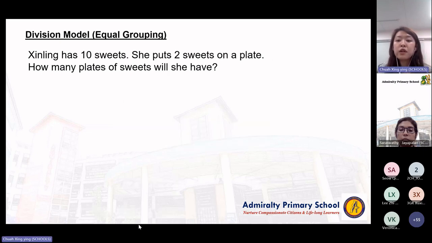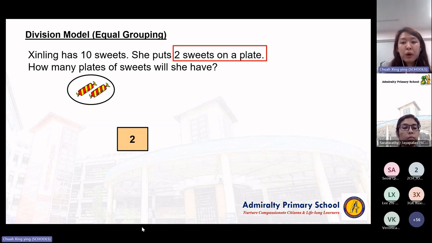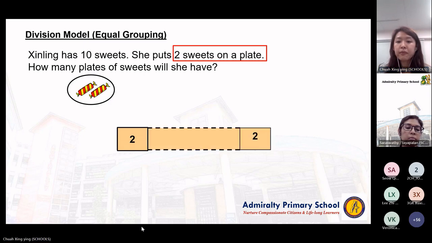Next, we have division of equal grouping. Xing Ling has 10 sweets. She puts 2 sweets on a plate. How many plates of sweets will she have? The keyword is you want to know 2 sweets on a plate. So we draw 1 unit, label 2, that represents 1 plate.